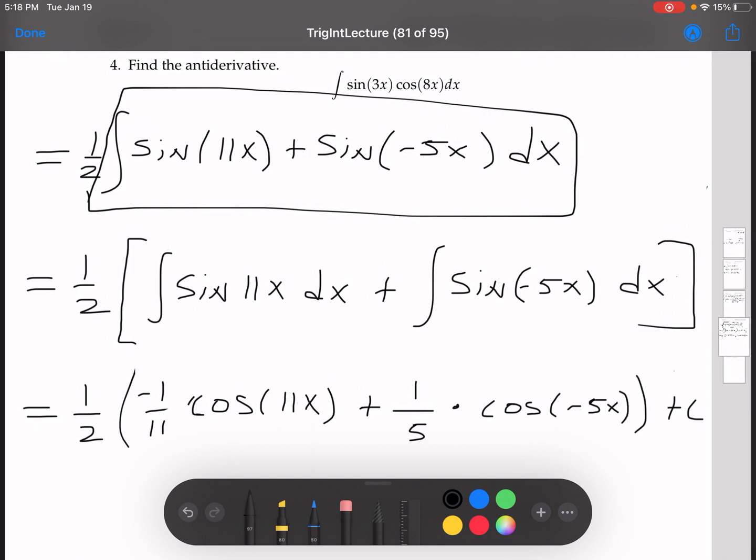You could distribute that 1/2 back through, perfectly fine if you want to do that. Get rid of some of these parentheses. We've got 22. And that's our antiderivative.